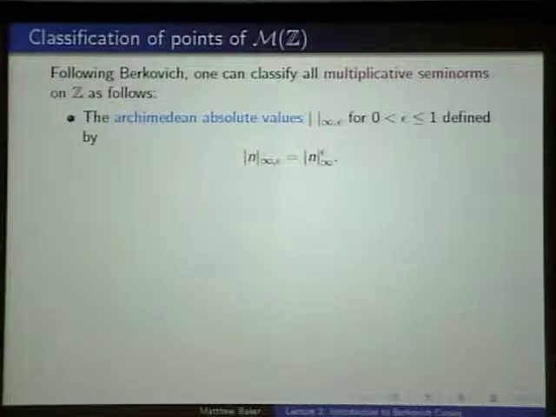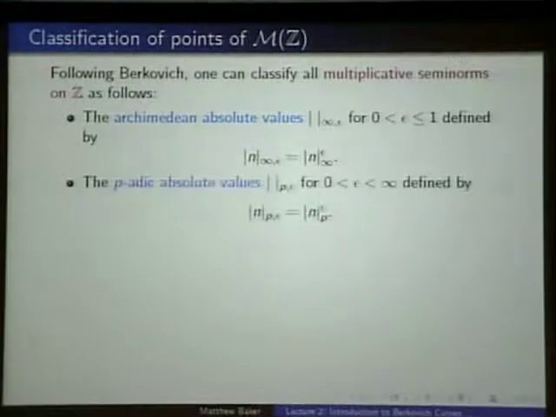As soon as epsilon is bigger than 1, you will fail to satisfy the triangle inequality, so you don't actually get a semi-norm. The p-adic absolute values make sense for epsilon between 0 and infinity because you have the ultrametric inequality. So when you take arbitrary positive real powers of the absolute value, it still satisfies the ultrametric inequality.